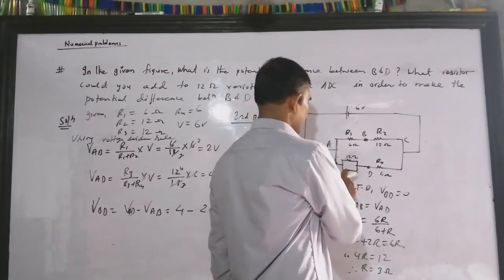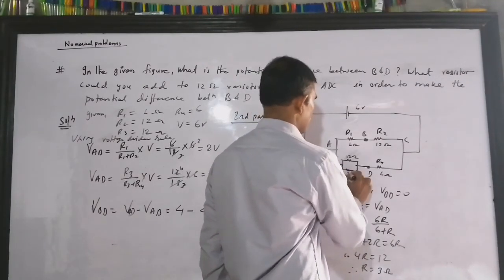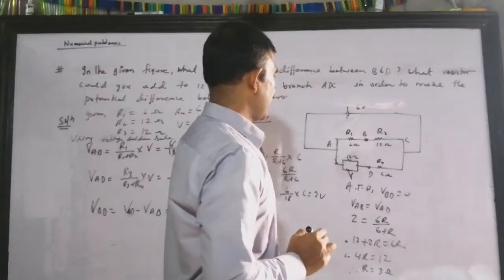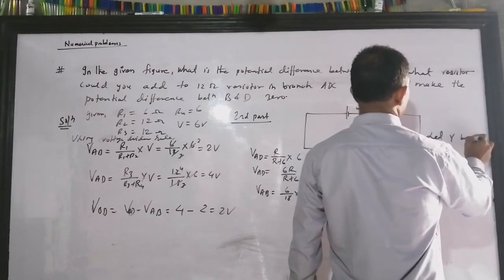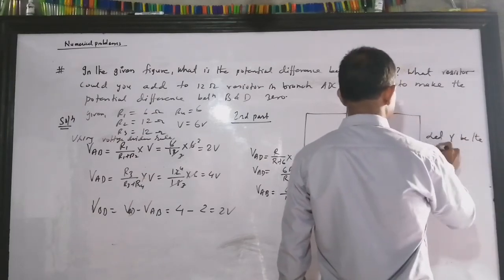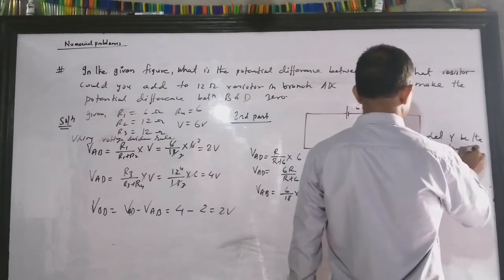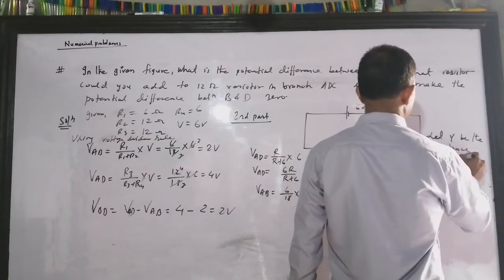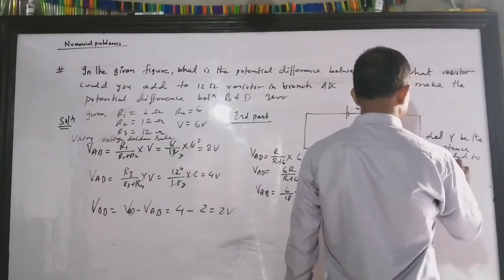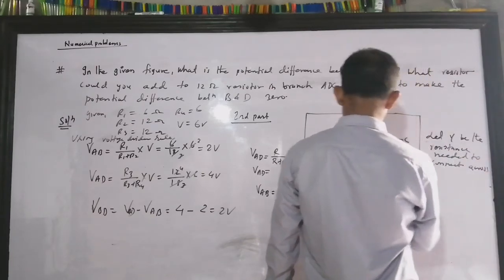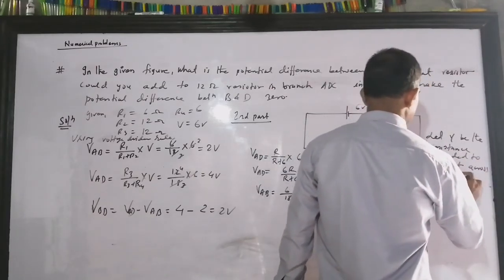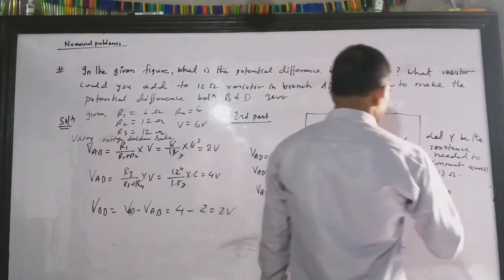So I suppose this is Y. Y is the resistance which we want to connect. Let Y be the resistance needed to connect across the 12 ohm resistance.